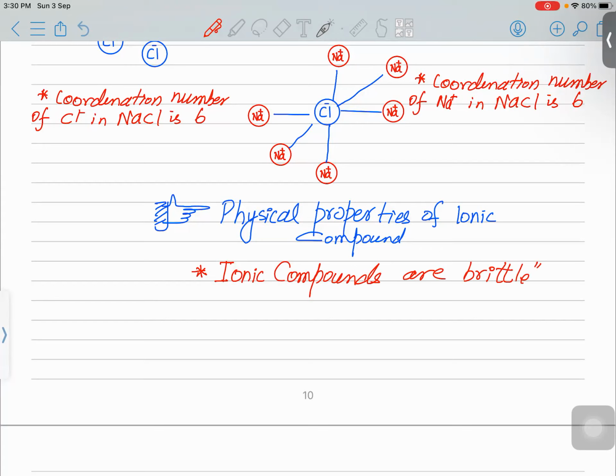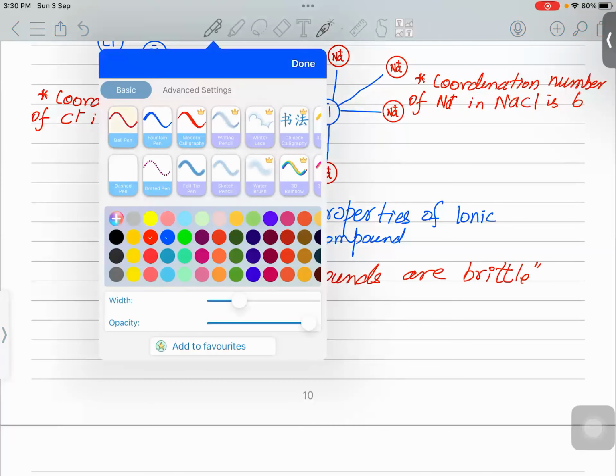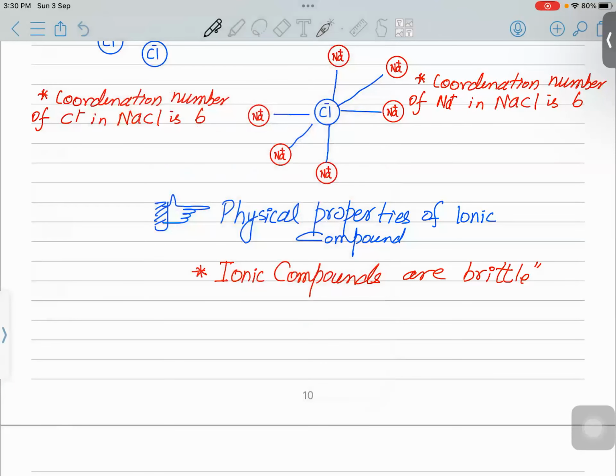Can anyone explain the meaning of brittle? It breaks easily. Yes. Brittle means break easily.